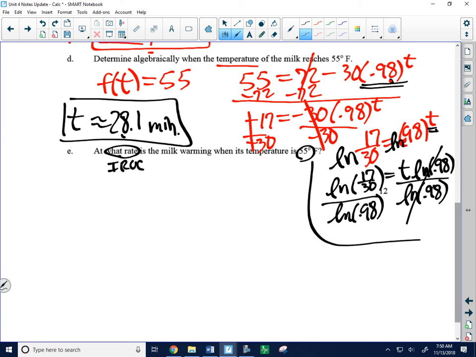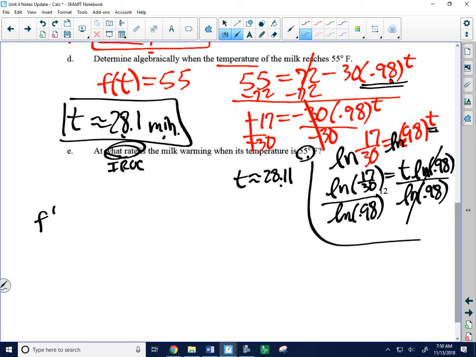This flows directly from part D. We just found in part D that at about 28.11 minutes, that's when the temperature is 55 degrees. So at what rate is it warming then? At 28.11 minutes.